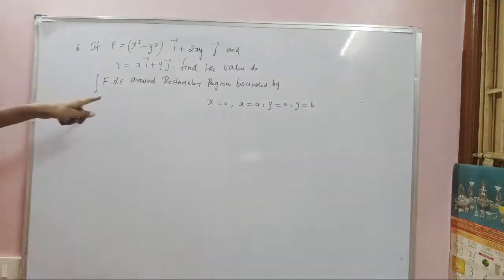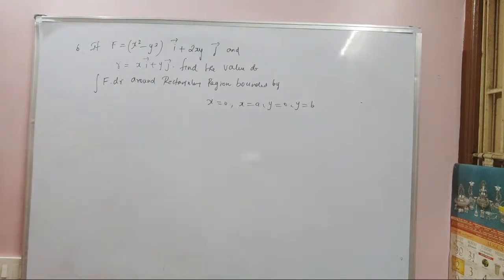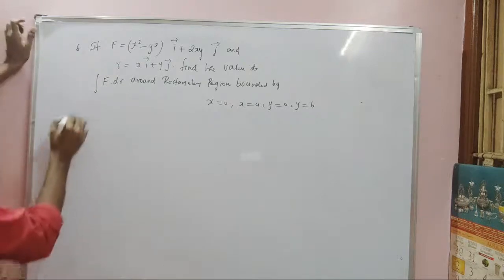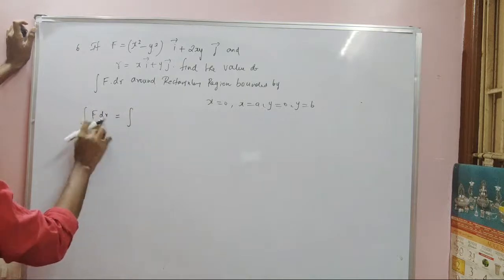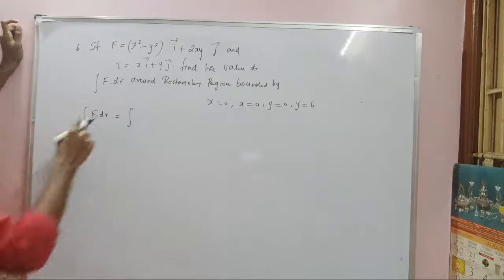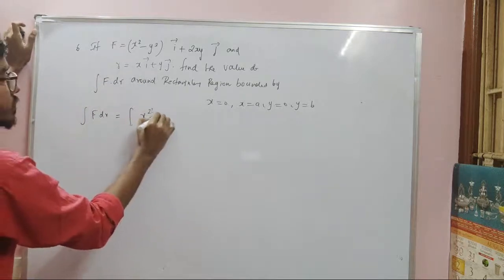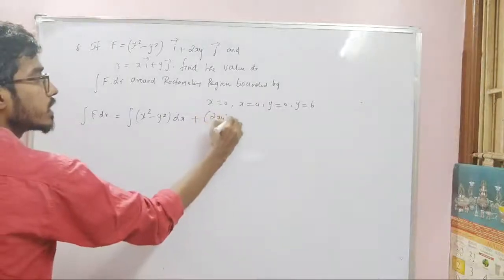Now again you can easily prove this by line integral. You already solved this sort of problem in line integral, but now I am going to use Green's theorem. So this will be integral F dot dr, where dr is dx i vector plus dy j vector. F is this, so we have x square minus y square dx plus 2xy dy.